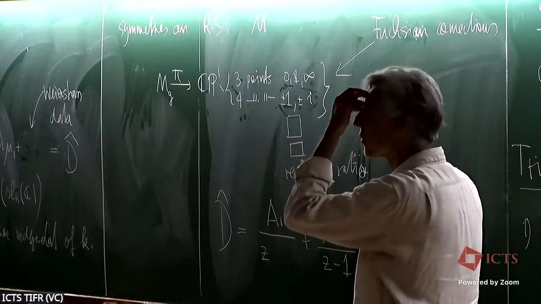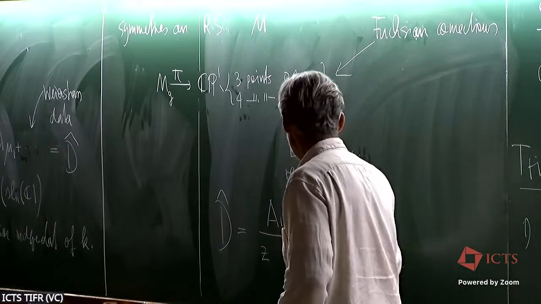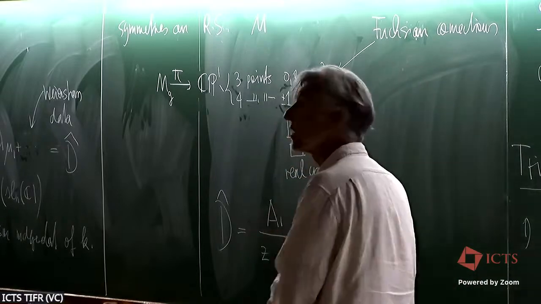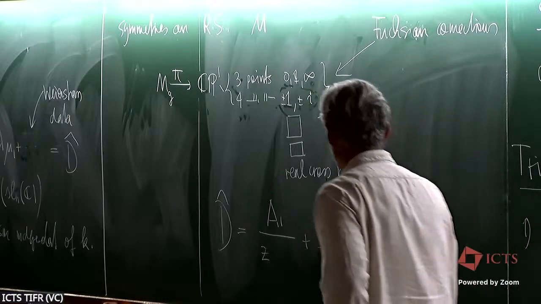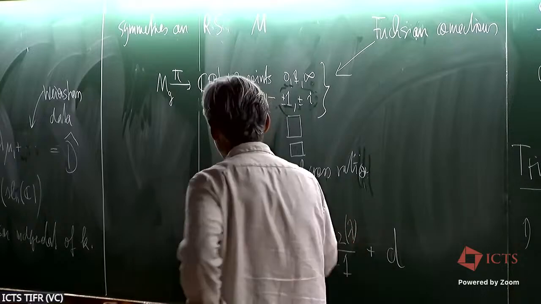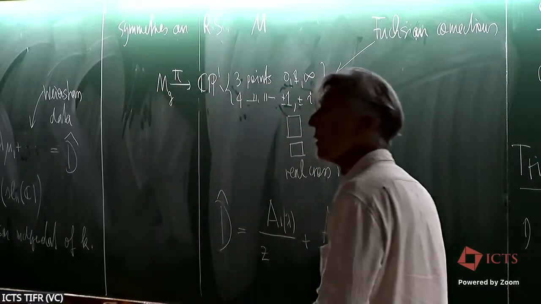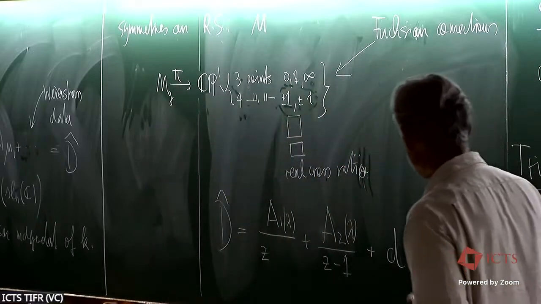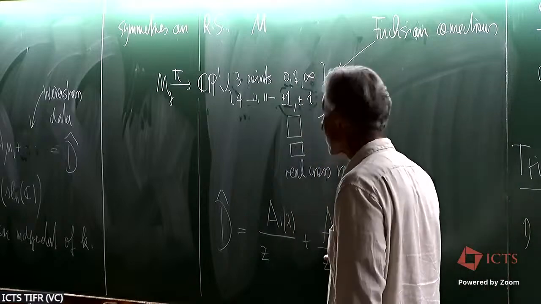So this is a Fuchsian connection. The residue at infinity is minus A1 minus A2. And these of course depend on lambda, they don't depend on z, they're only lambda dependent, to get a connection in this loop group. And that's it.